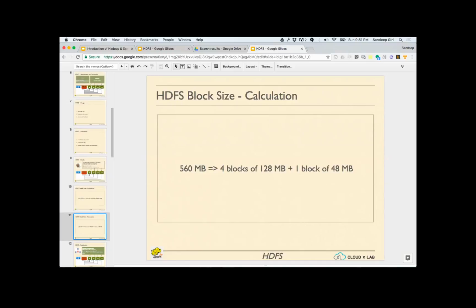It's going to be stored on the data node in the form of a file on the local file system. Whatever local file system is there, a file will be created representing this data. As I told you, the data node is a service running on these machines, and these machines are running the usual operating system that has a file system as well, and hence it utilizes the local file system to store the data as a file.